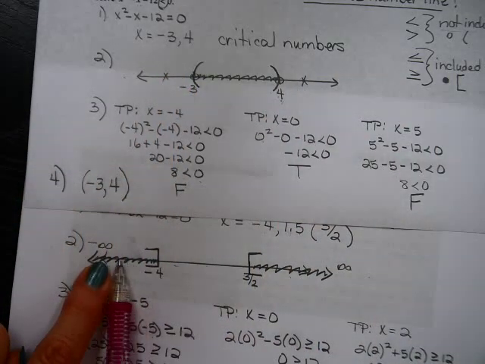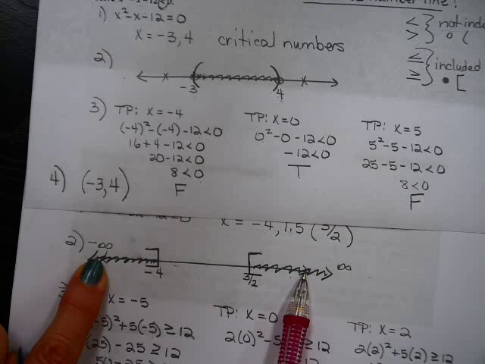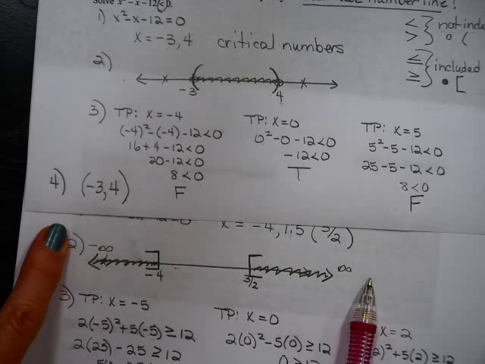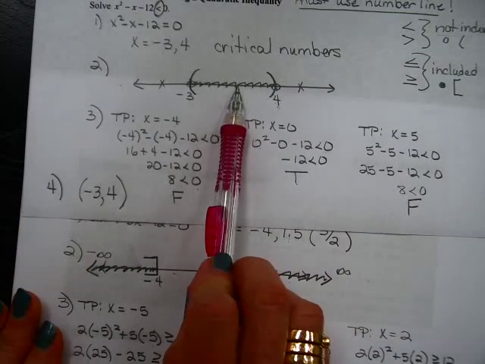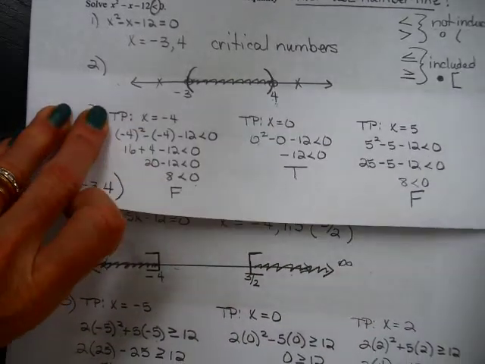If this end section gives you a true statement when you do your test point, then this one will also. So you will always be shading either both outside parts or only the inside part. And that might help you as you do some of your inequalities.